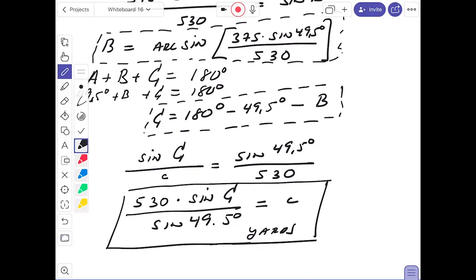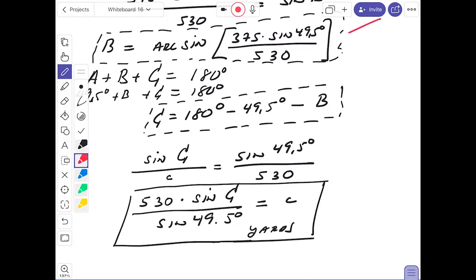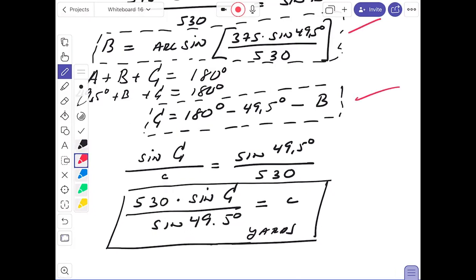That's all I'm doing. On my calculator, I did this, then I did this. Now I'm going to do this, and I'll write down the approximation using my calculator. So take the sine of that number. I'm not rounding them off, by the way. I'm just using them as they are. Times 530 divided by the sine of 49.5. Let's see what I got here.